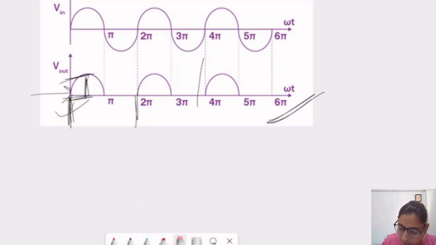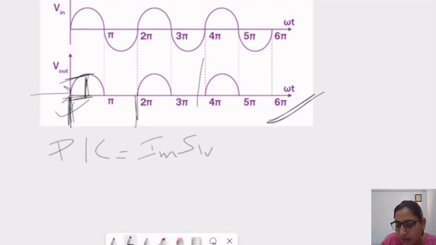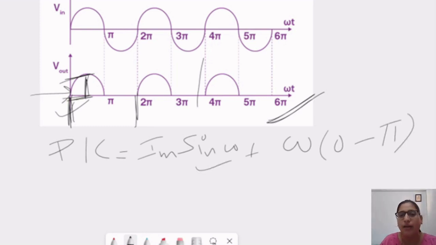Peak inverse current is I m sine omega t. If omega t ranges between 0 to pi, then we will get this current. If omega t is between pi to 2 pi, then it will be 0. Why so?